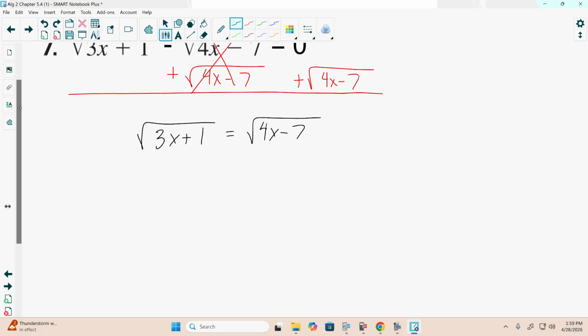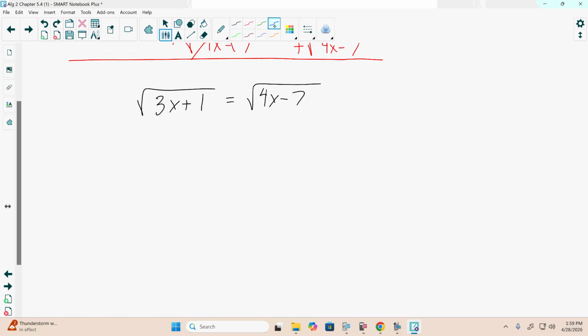So we have them evened out, which means we can put both sides to the nth power, and that power is 2. Since we only have one term on the left-hand side, we're multiplying it by itself, which would cause that square root and square to cancel, telling me that we have 3x plus 1 is equal to 4x minus 7.